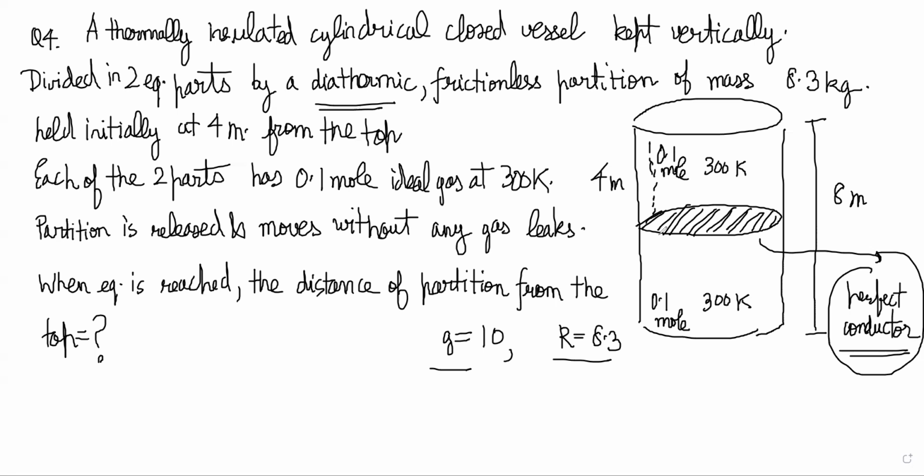The overall cylinder was insulated, right? So overall, I guess it will be adiabatic. But we don't care about overall. We care about inside the two, no? Like we care about what happens to this portion and what happens to this portion.